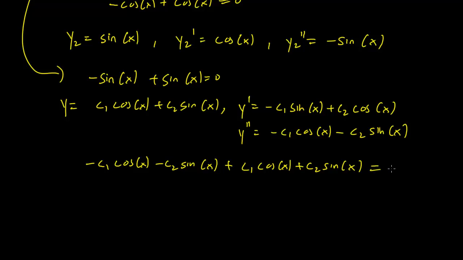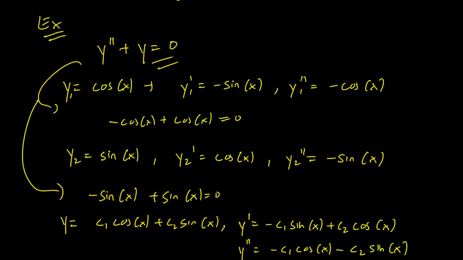And what's this going to equal to? So this cancels, and this cancels, which makes our answer 0. So it turns out that any combination of cosine and sine is also a solution to this differential equation. Yeah, that's how the principle of superposition works.